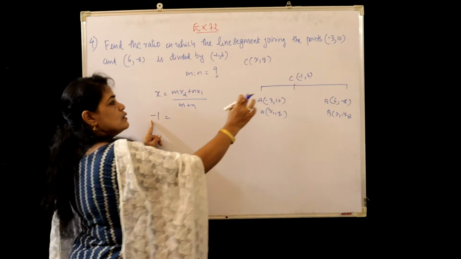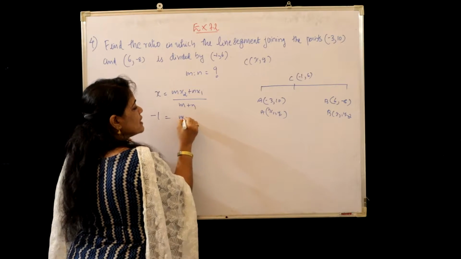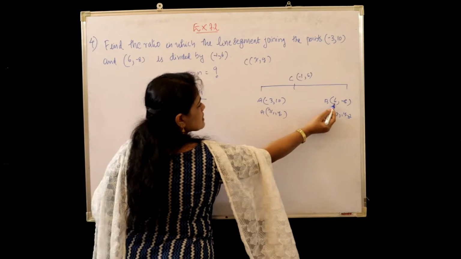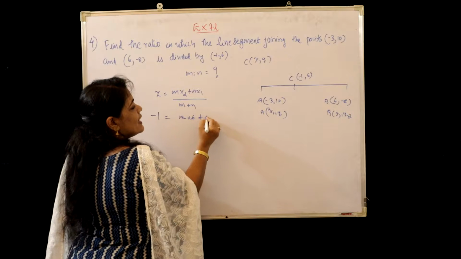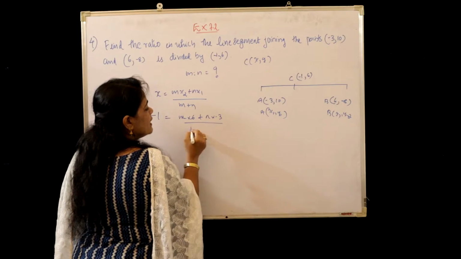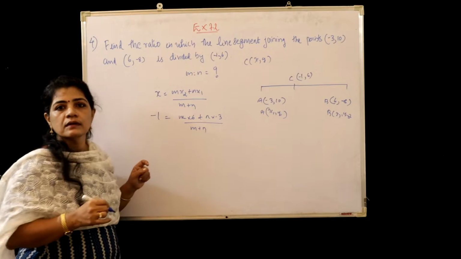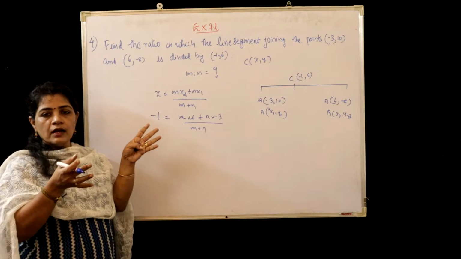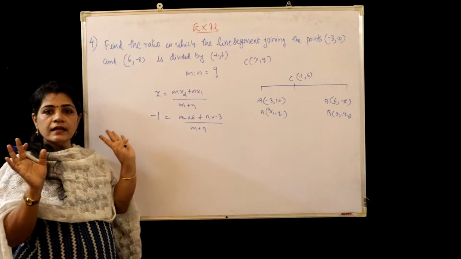So -1 equals m, the required quantity, times x2, which is 6, plus n, we need, times x1, which is -3, divided by (m plus n). Look into this step, children. The only unknowns are the required things, m and n.